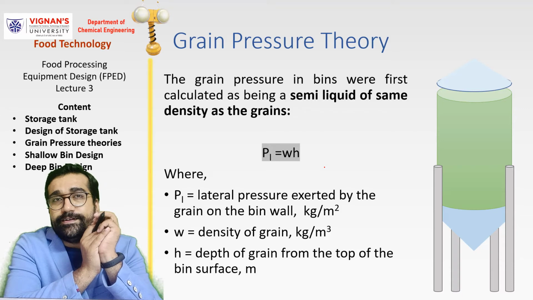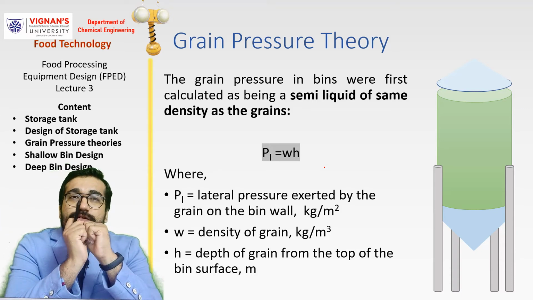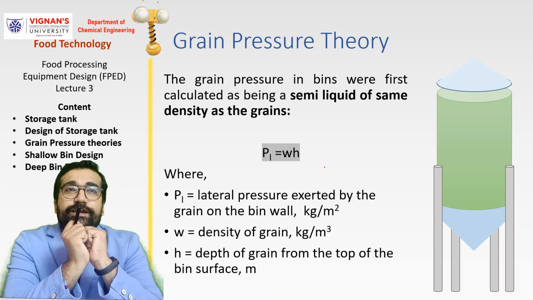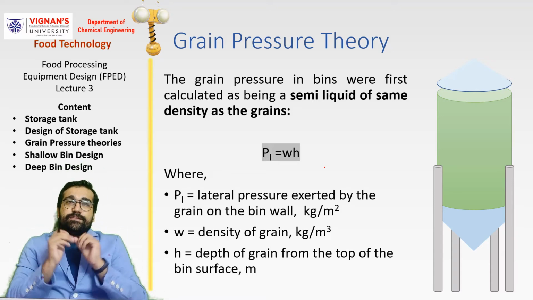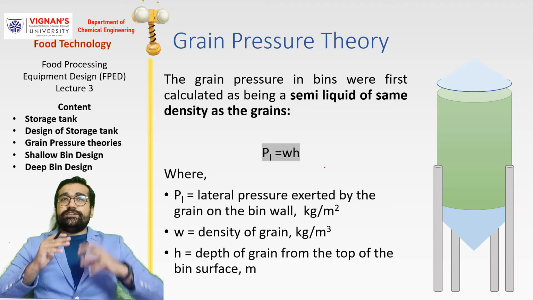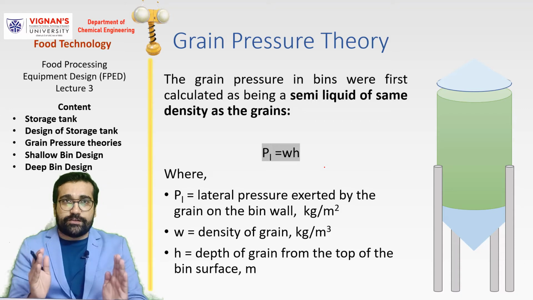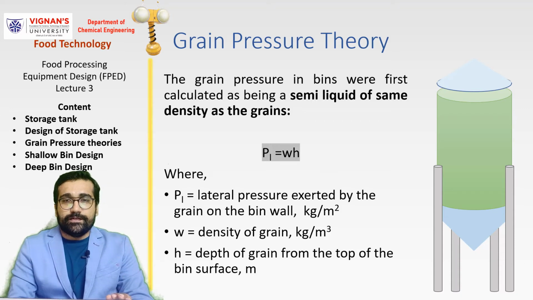Why did we take liquid and not grains? There is a property of liquid: the pressure inside a liquid is equally distributed throughout the surface.